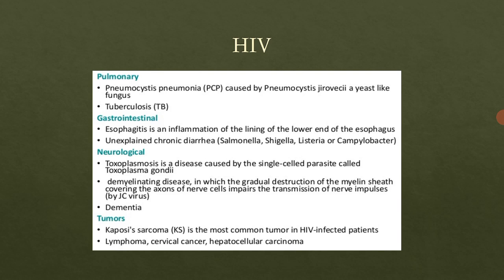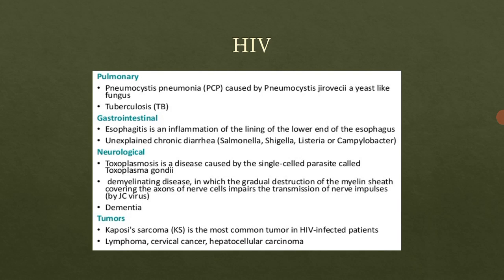Then unexplained chronic diarrhea, which can be caused by bacterial infections, bacteria such as Salmonella, Shigella, Listeria or Campylobacter. The neurological symptoms can be toxoplasmosis, a disease caused by the single-celled parasite called Toxoplasma gondii.